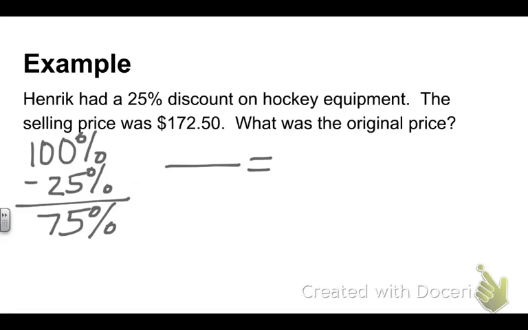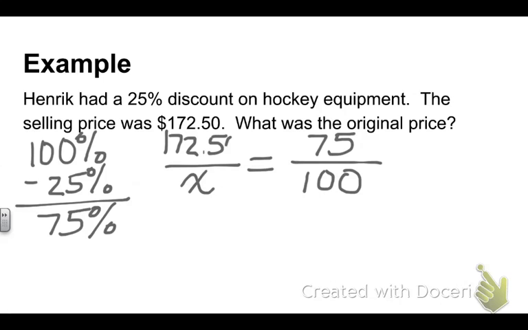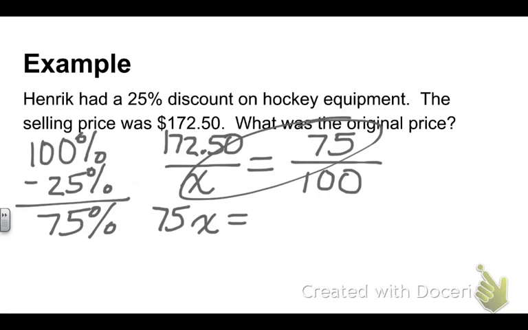If we make our percent proportion, first we can put in our 75 over 100. What we are finding is the whole, the denominator in this case. The selling price was $172.50. If we cross multiply, 75x is equal to 17,250.